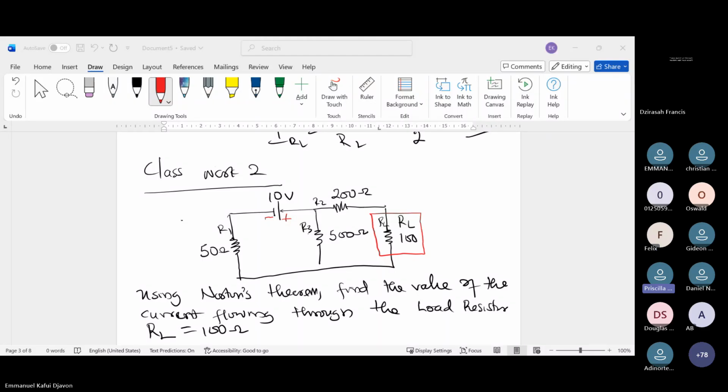Then you solve for it. You can round the Rn to make it 193. So you solve so that you get a figure for the total resistance.